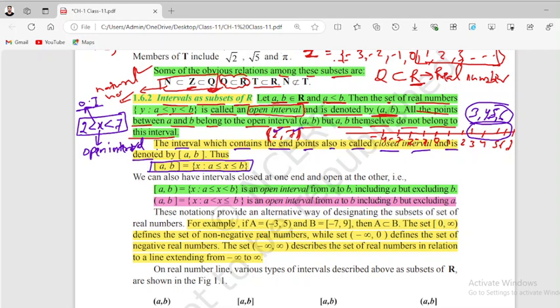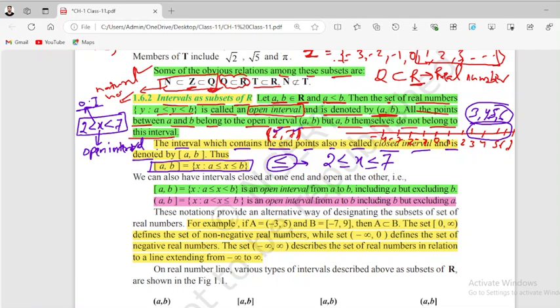For a closed interval, we can use the sign less than or equal to. So x such that a ≤ x ≤ b. Suppose we can also write it like this: 2 ≤ x ≤ 7.